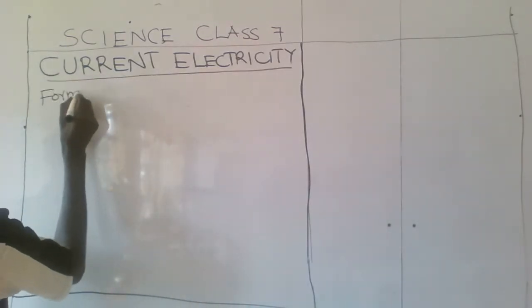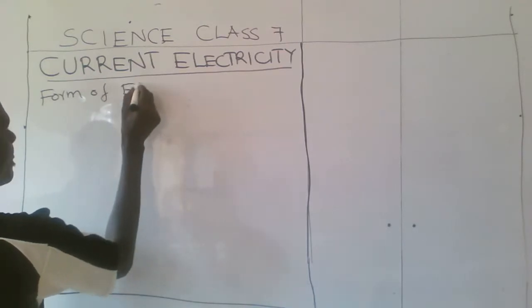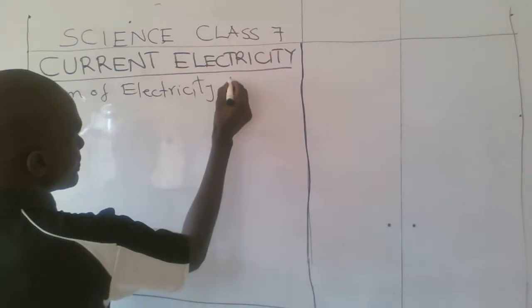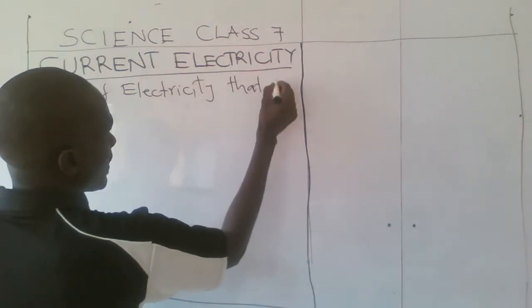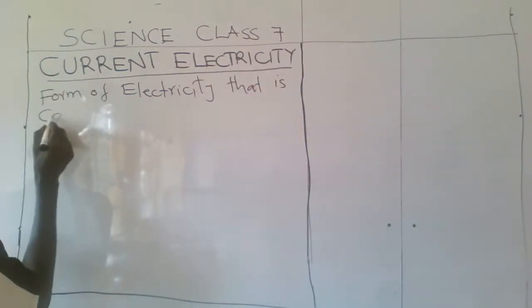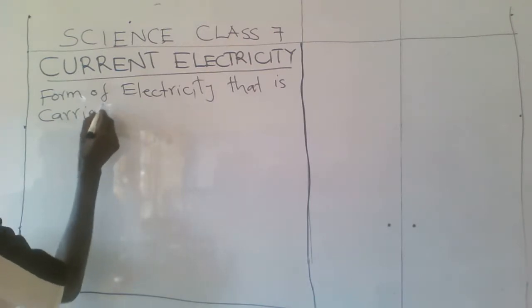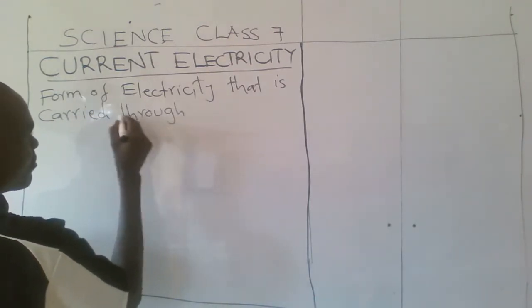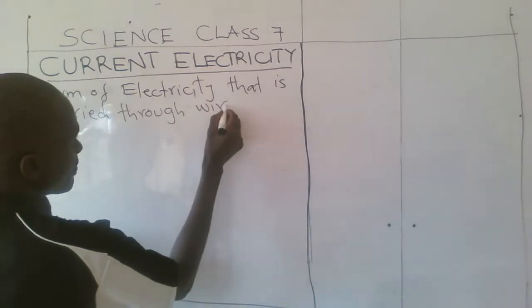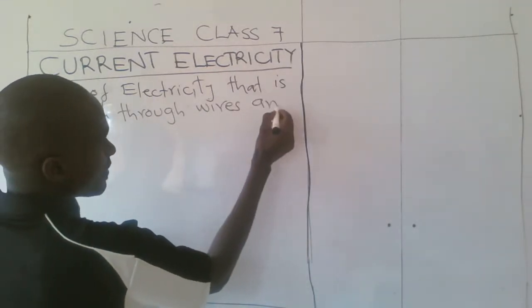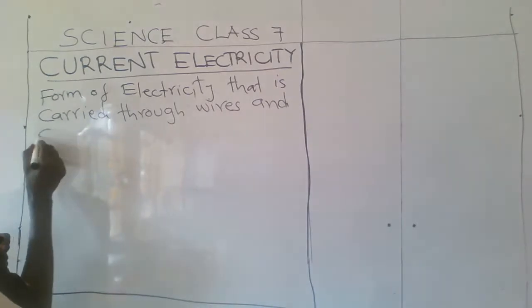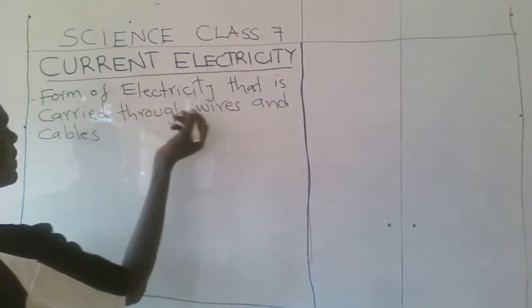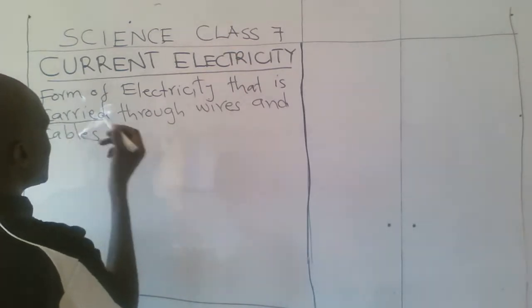It is a form of electricity that is carried through wires and cables, which means it must be carried by something.